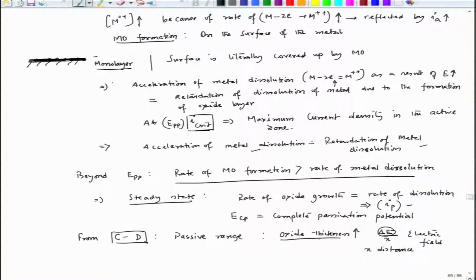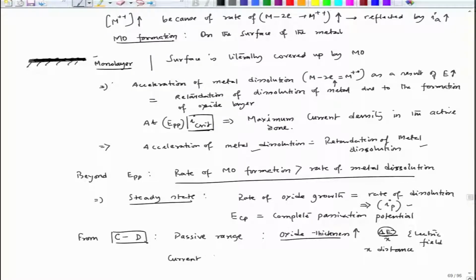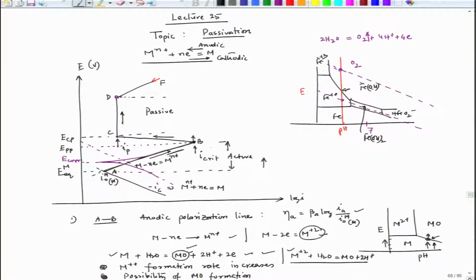When the oxide thickness increases, at the same time the increase in potential tries to pull out metal oxide to the outside surface, but the increase in oxide thickness will maintain the rate of metal dissolution constant. So, that is what keeps the current density constant at I p. So, we could understand what happens in this particular range.